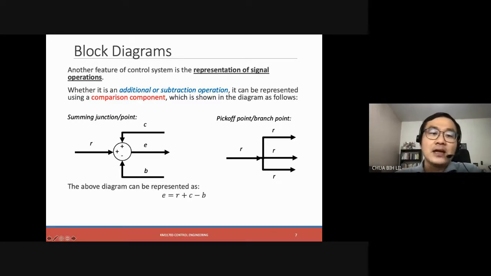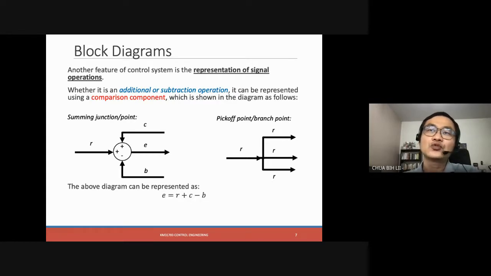Okay? And all these signals are represented by the arrows, and they can come to a point where you can add or subtract. Okay, you can do some operations over there. When you do plus or minus, you are actually doing a comparison.